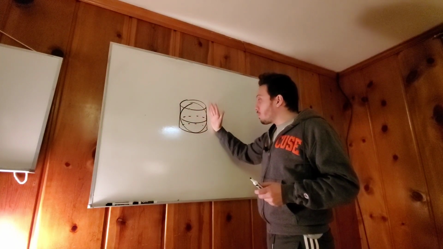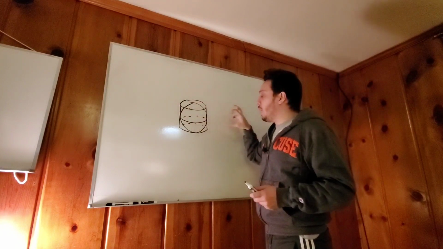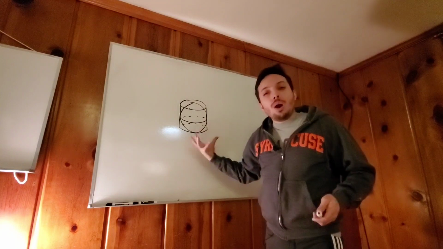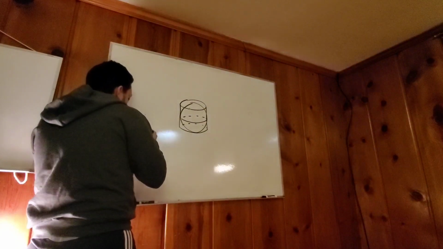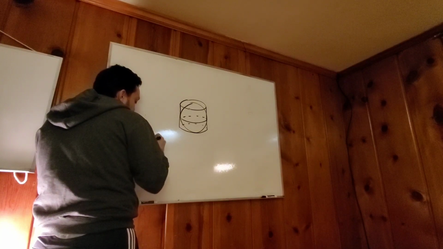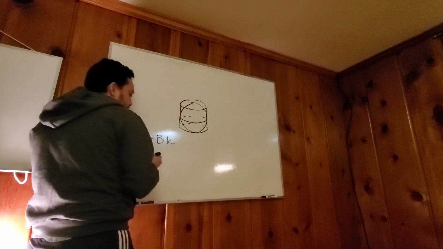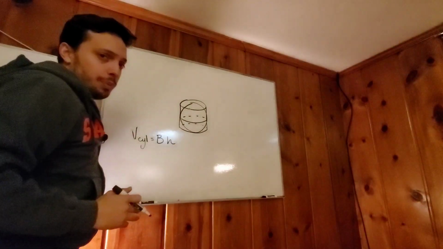And so what happens is that we have the cylinder, we have the little ball, and then what we need to do is we need to find the volume. So we know how to find the volume of a cylinder because we already did it. We know that it's the area of the base times height. The area of the base obviously is a circle, and the height is going to be that.